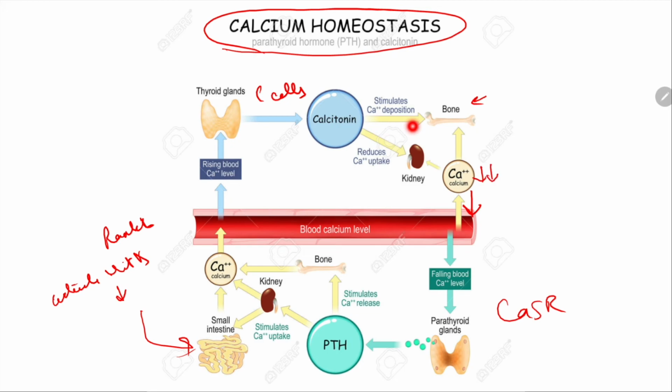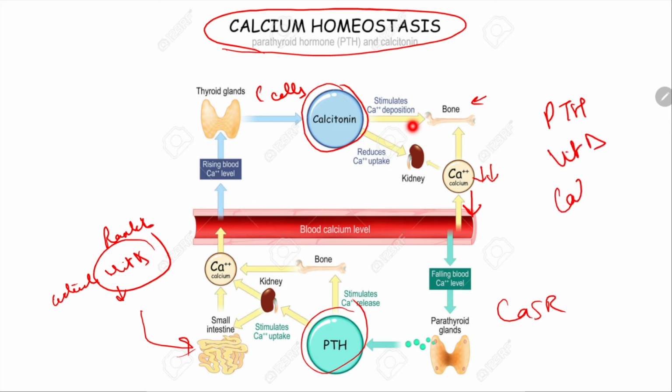This cycle keeps going on and on. PTH plays a role, calcitonin plays a role, and vitamin D plays a role here also. Very important to remember these three hormones. Vitamin D, being a vitamin, also has hormonal action on calcium metabolism. Do not get confused with that. So the three main hormones that regulate calcium metabolism are PTH, vitamin D, and calcitonin.